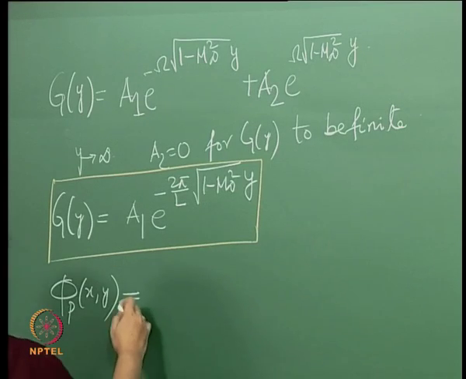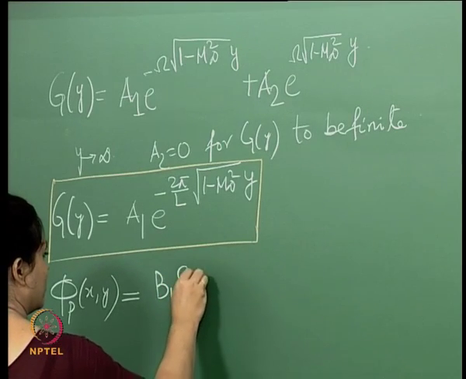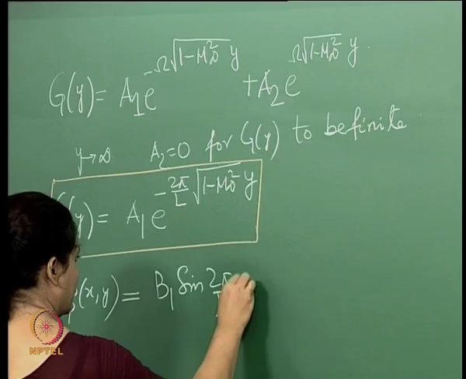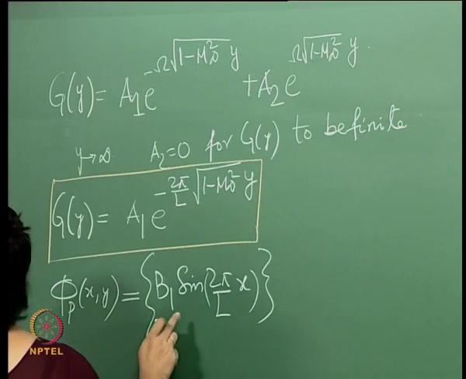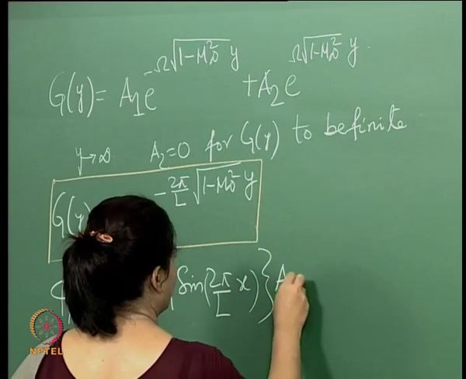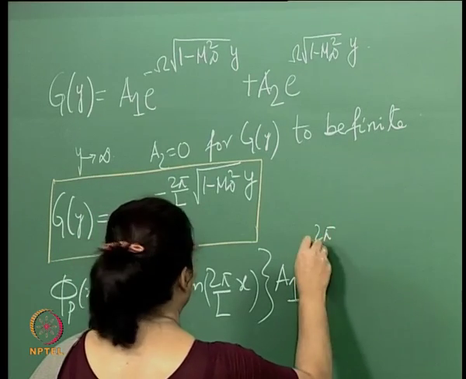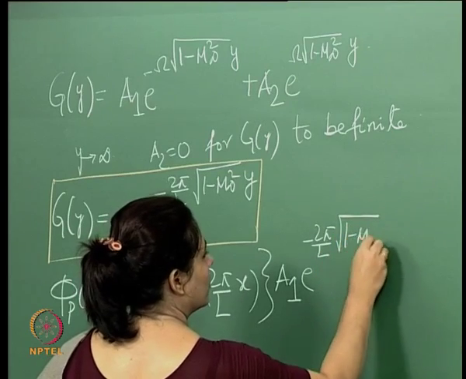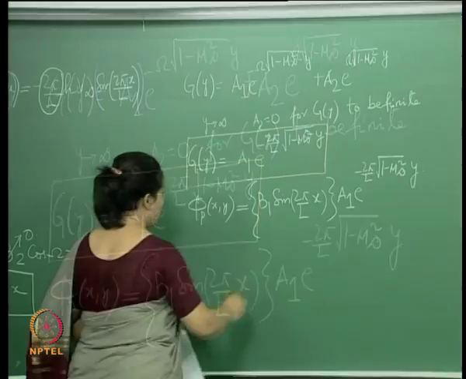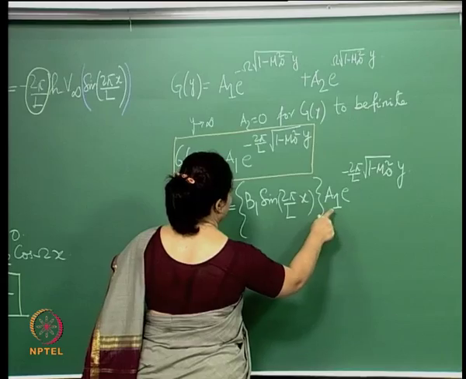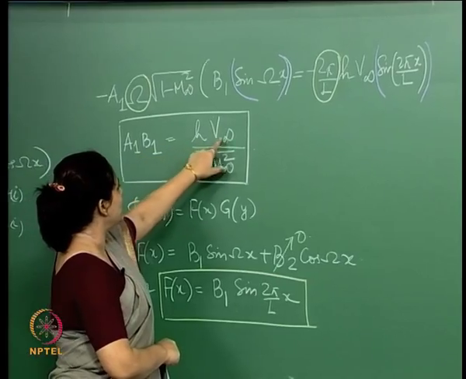So let us now write what we get. This is my fx, and gy, which is a1 e to the power of something into y. What we know here is that for a1 b1 we got an expression: a1 b1 is h into v infinity by this.